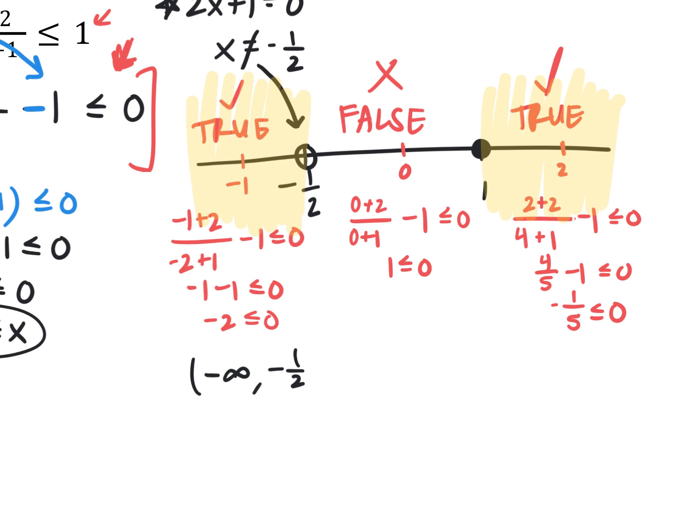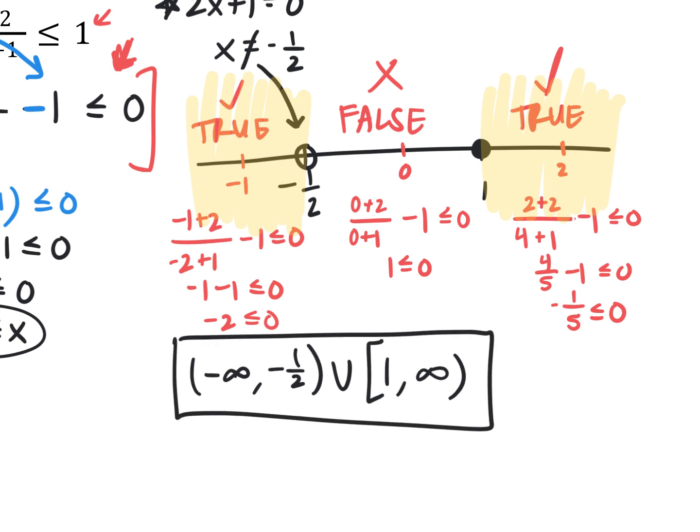However, I can't have negative 1/2 included, so I'm going to use a parenthesis, right? But then I am including 1, so what am I going to have around 1? A bracket. So bracket from 1 to infinity. As long as your x value lies in those two intervals, it would make the inequality true.